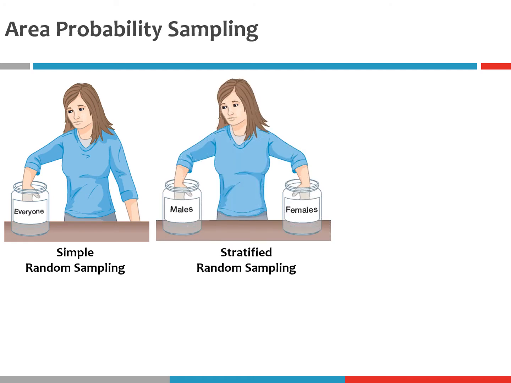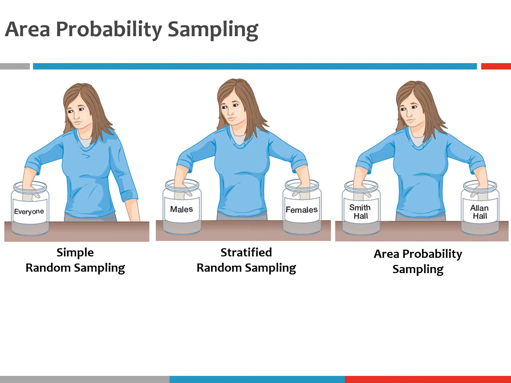Okay. With stratified random sampling, you have multiple groups in the population that you want represented in your sample. So for example, maybe you want 50% males in your population and 50% females, right? Then you would draw names from both of those jars, so to speak.